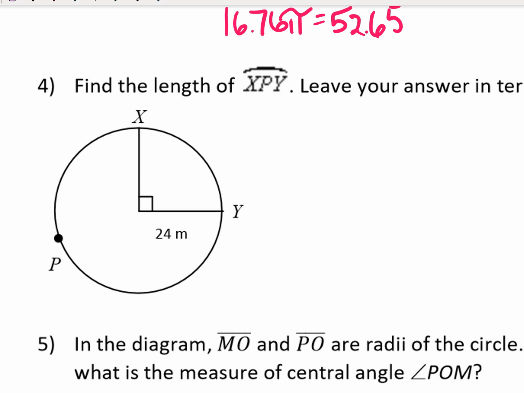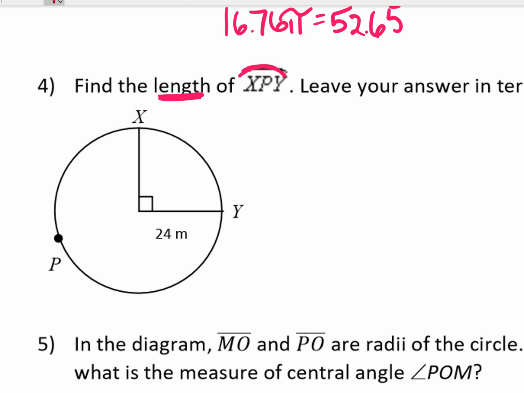Find the length of the arc. So pay attention to if they're looking for angles or arcs. So we're looking at arc. And this length, a lot of people miss this on your quiz. We're going to leave our answer in terms of pi. All right. So the length, different than an arc measure. A length is an actual something you could measure.